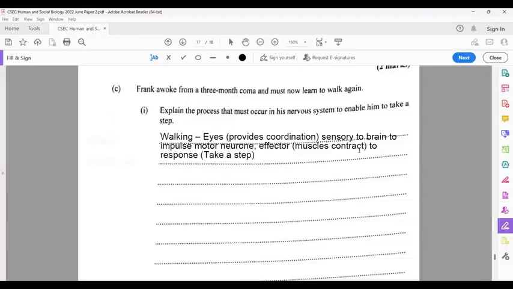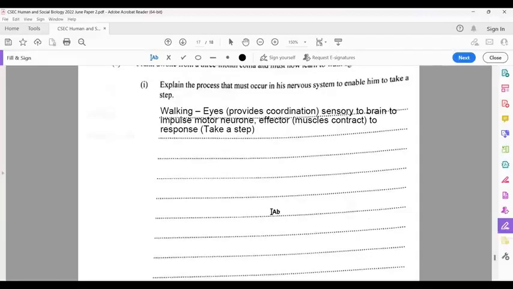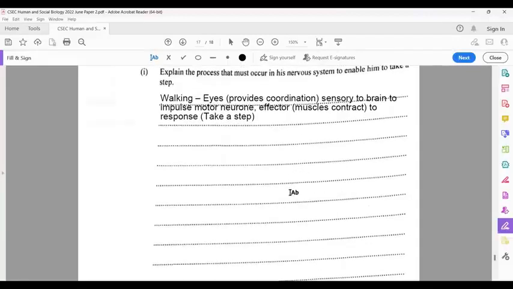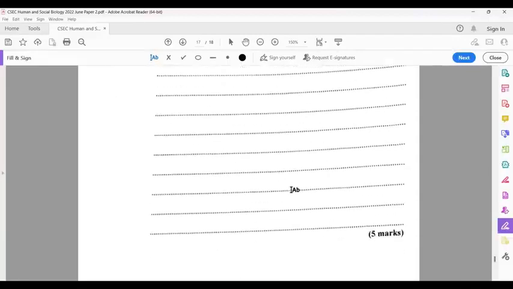And we are talking particularly his leg muscles, and his response will be that now that the muscles are contracting and relaxing, he's able to take a step. And he will repeat this over and over and over to be able to take multiple steps. And taking multiple steps is known as walking.